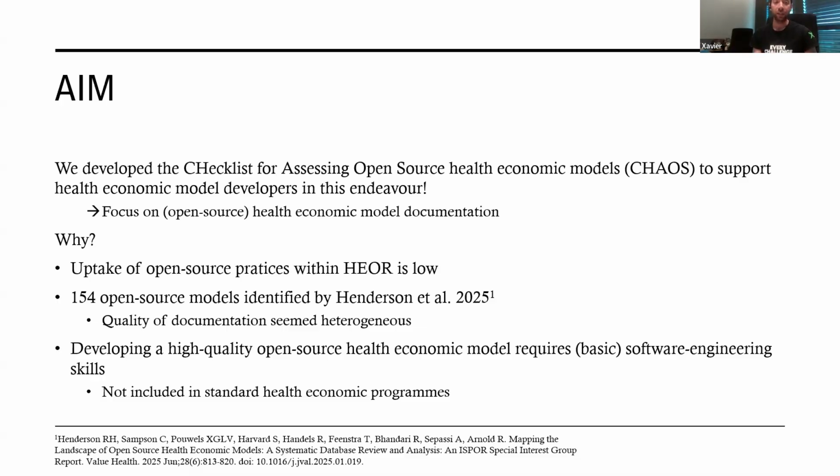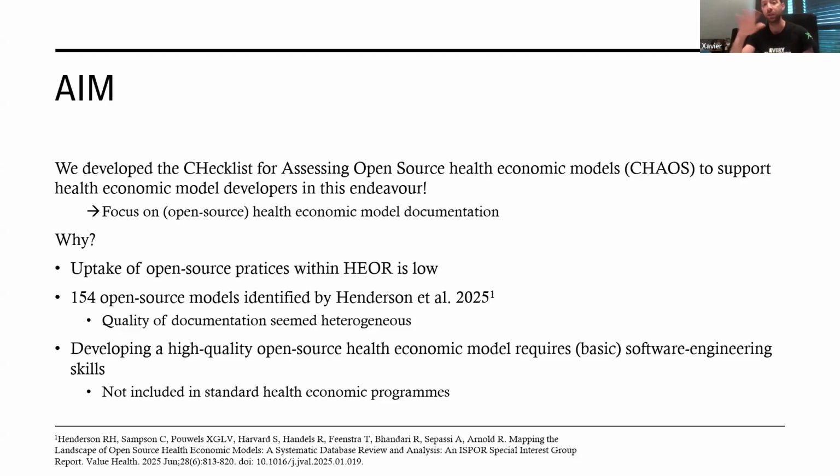Why do we think that is needed? Well, we see that the uptake of open source practices or good open source practices in health economic and outcome research is quite low. And we've seen that through a previous systematic database review we did with Raymond Henderson, where we identified 154 open source models.